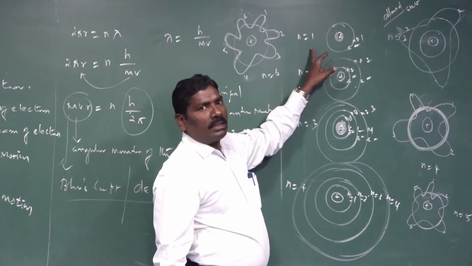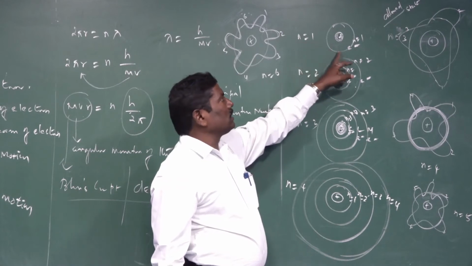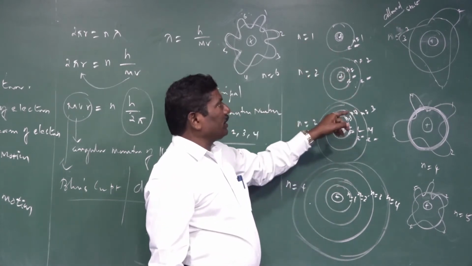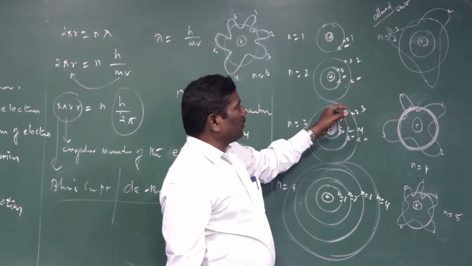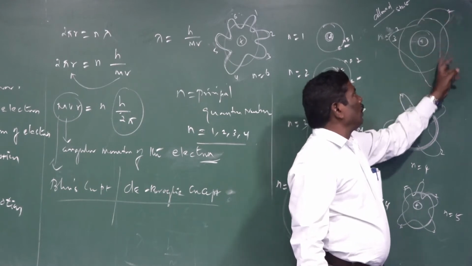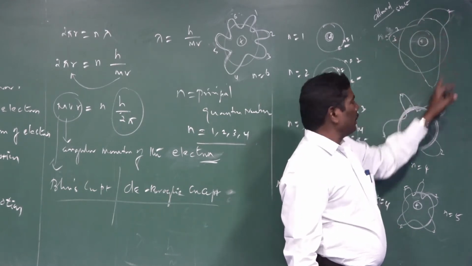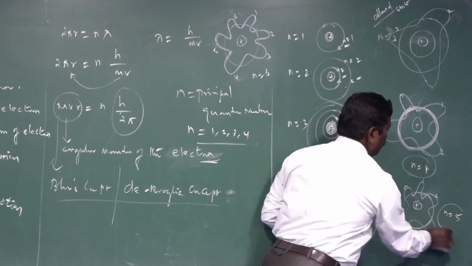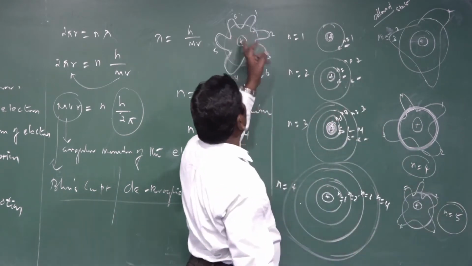We can see the principal quantum number 1, that is n is equal to 1, n is equal to 2, n is equal to 3, n is equal to 4. We can understand that the electron wave is in the form of wave nature, for n is equal to 3, 4, 5, 6.